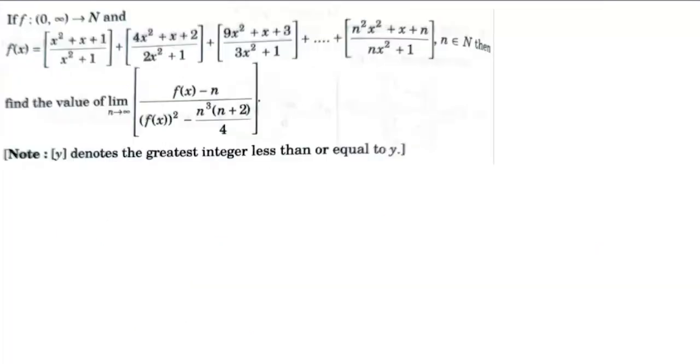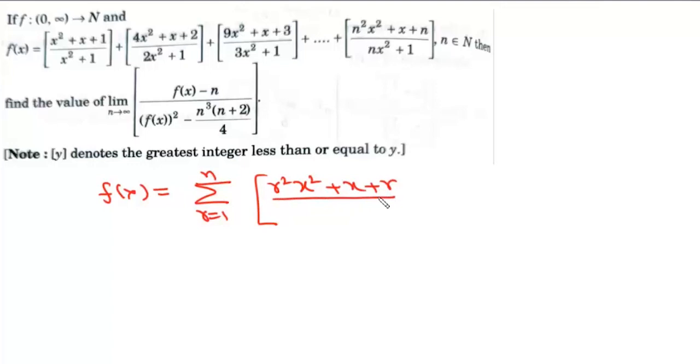Now here the question is, we are given this function f of x, which is this summation r varies from 1 to n, r square x square plus x plus r upon r x square plus 1, its greatest linear function.